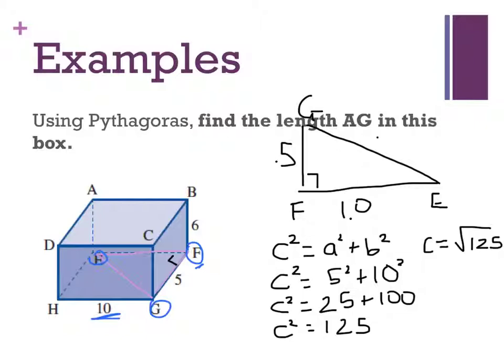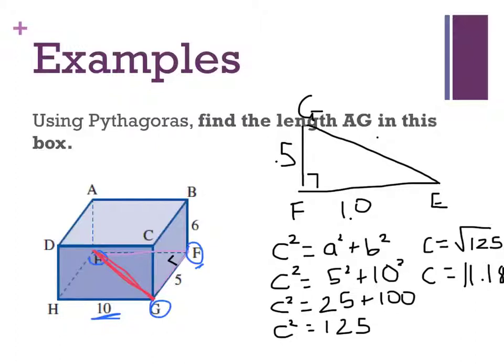I'm going to round that to 2 decimal places. So when I round that, I'm going to get an answer of 11.18. Okay, 11.18. That is the answer for this arm here, from E to G, 11.18.